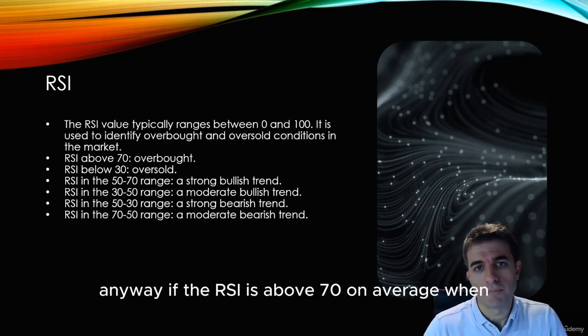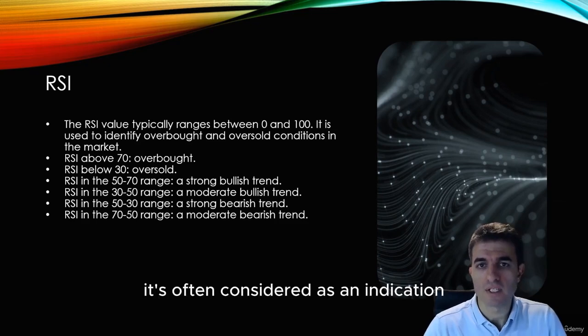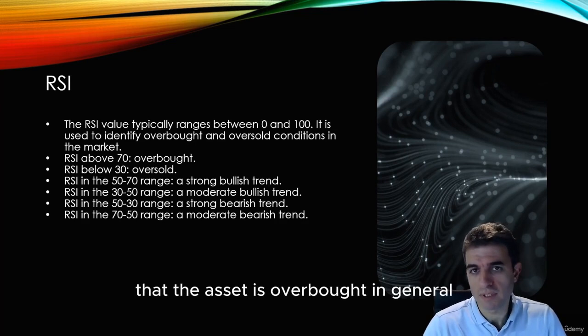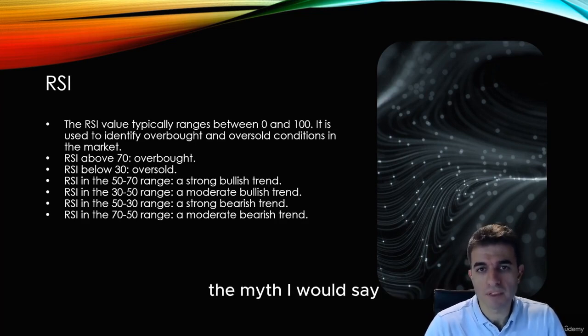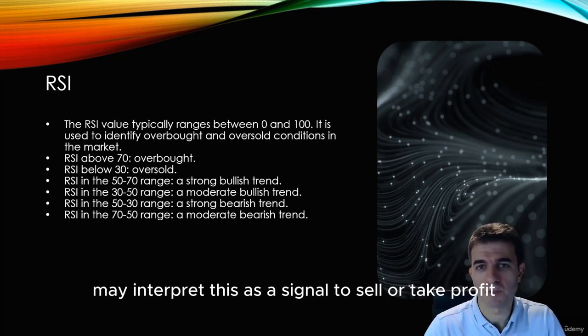Anyway, when the RSI crosses above the 70 level, it's often considered as an indication that the asset is overbought in general. This is the myth, I would say, but this is my personal opinion. So traders may interpret this as a signal to sell or take profits.